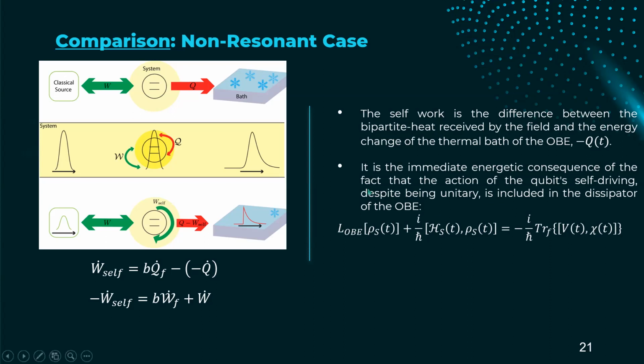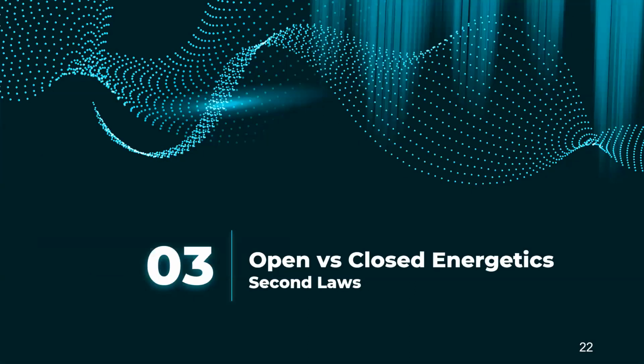So you really split, write the dissipator plus this self-drive to get the correlation part that comes in the reduced dynamical equation. So that's what we see here. And that's one of the points where the difference arises, essentially. Okay, so now, are there any doubts in the first law part?